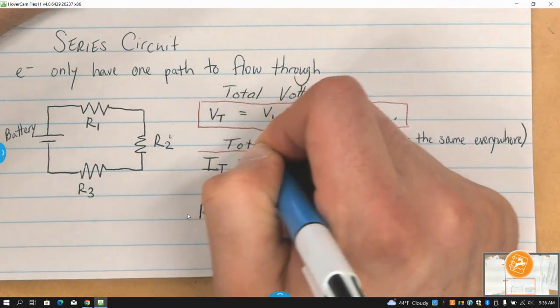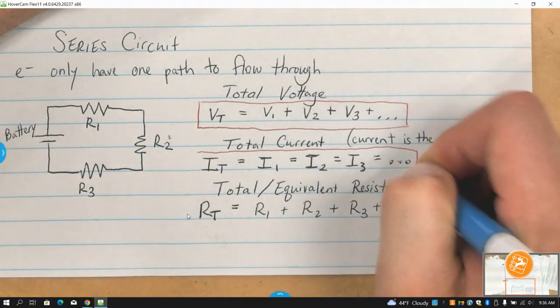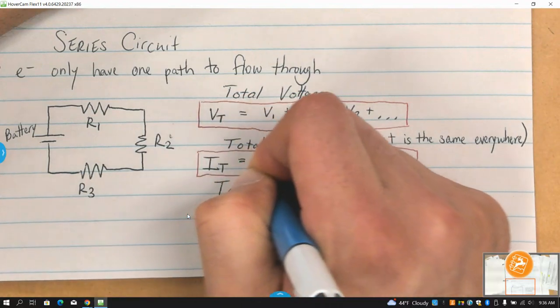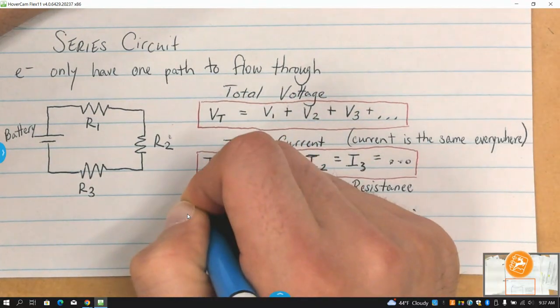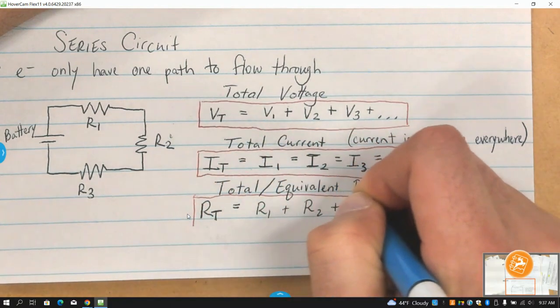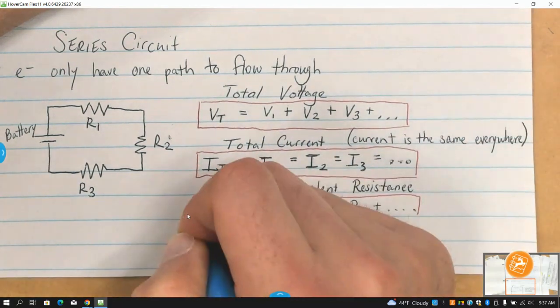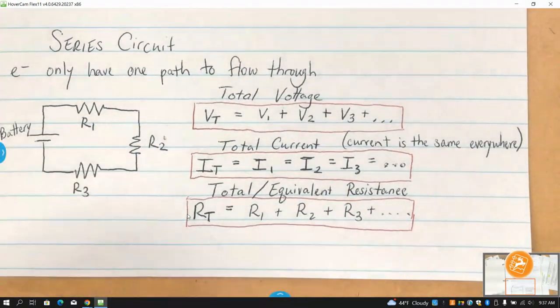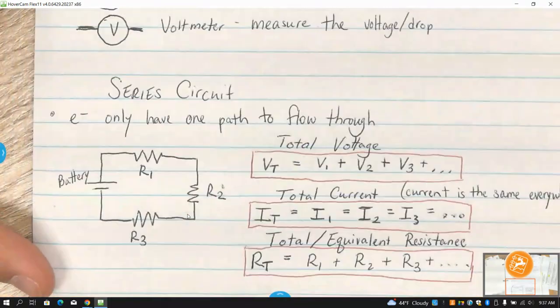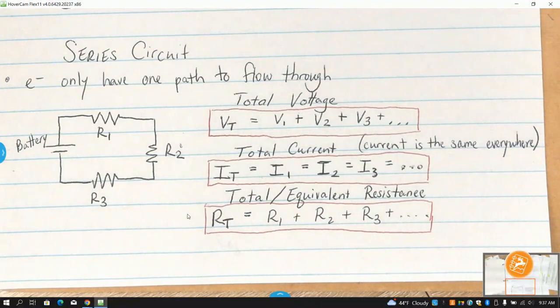Okay, so with Ohm's law, the triangle that we looked at at the top, and these rules, you'll be able to solve for any of the missing pieces of information that we need.